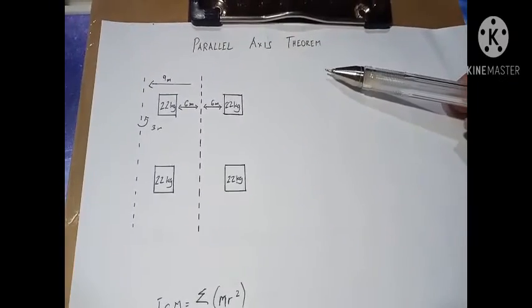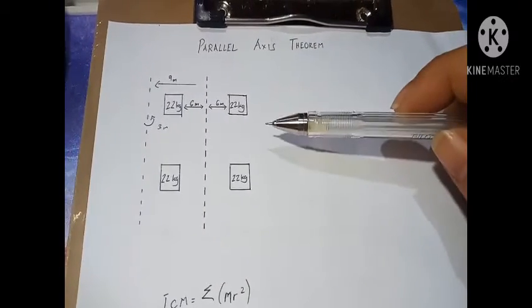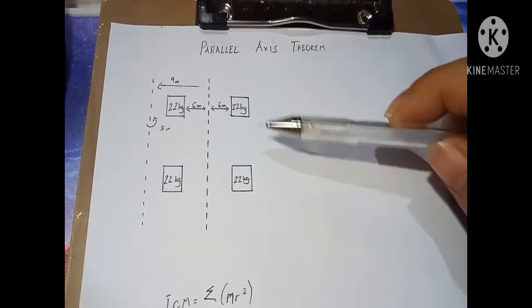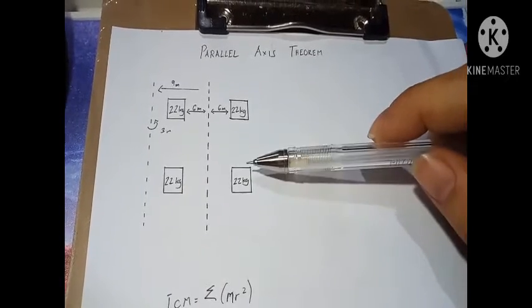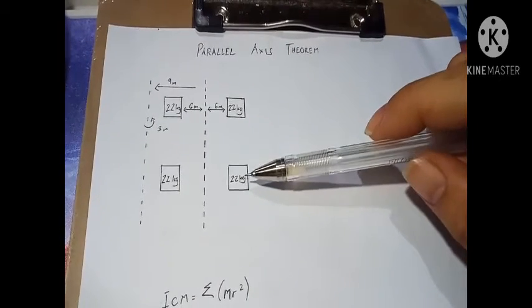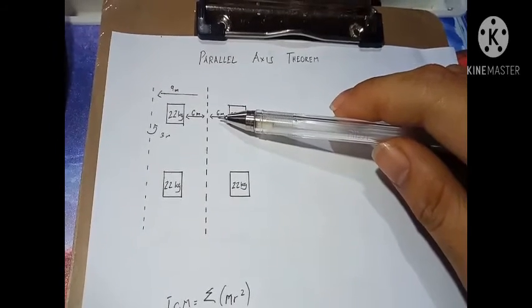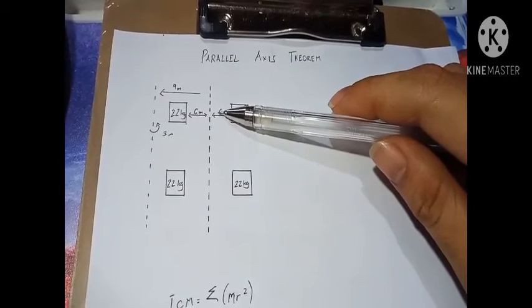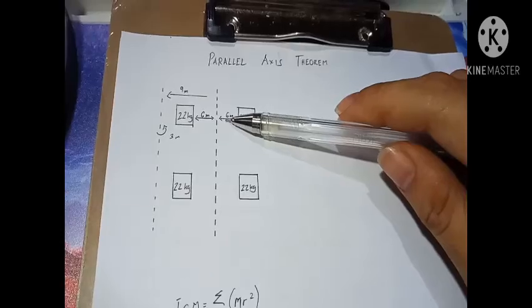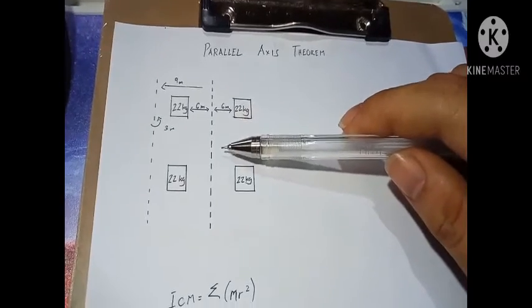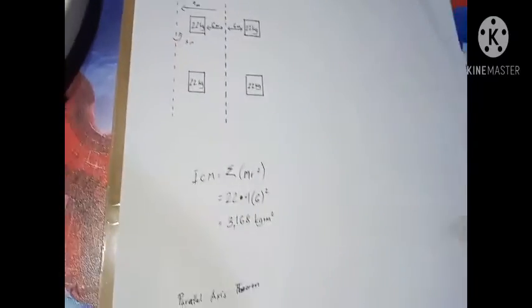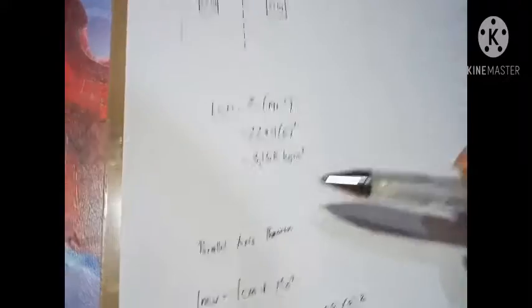We'll talk about the parallel axis theorem, and this is the problem we're about to solve. These boxes contain 22 kilograms each and we have 4 boxes, where the distance of each box to the center of mass is 6 meters. So first we'll solve the first part.